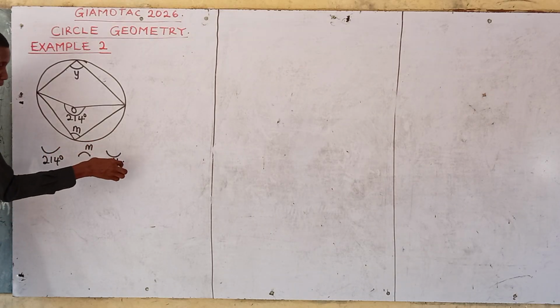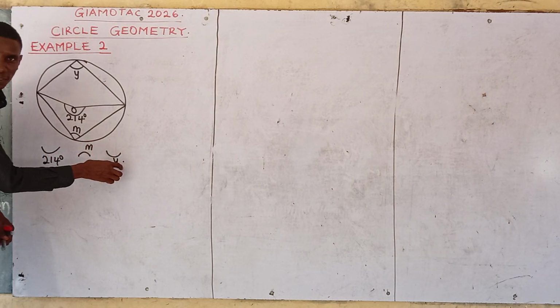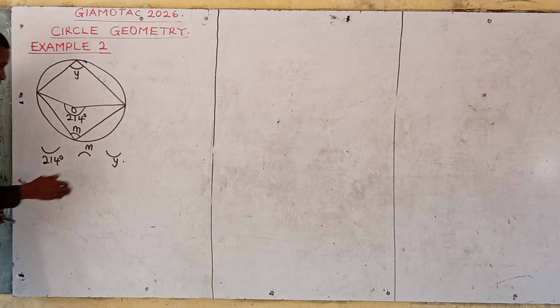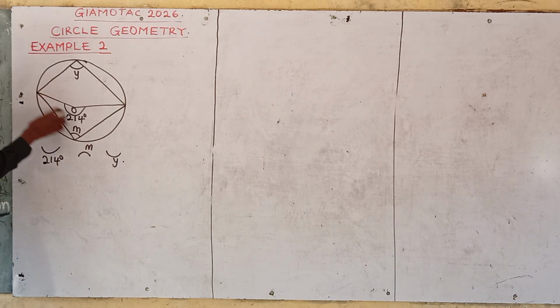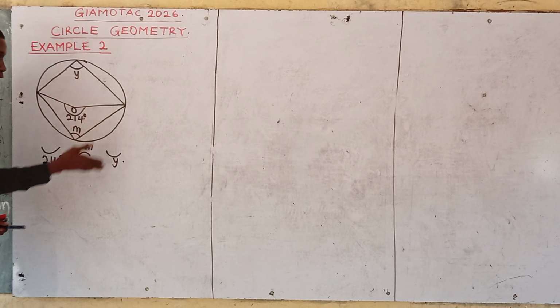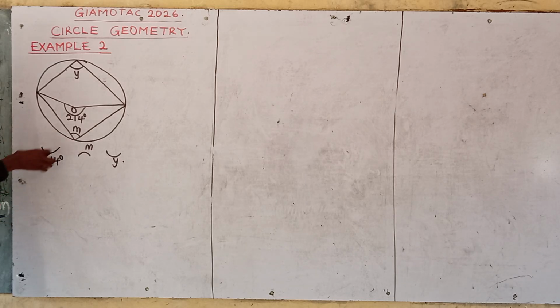So I will have to find my y first before I get my m. Are we following? Now, from theorem 2, which states that the angle found at the circumference is half of the angle found at the center, this is the theorem I'm applying for my y.